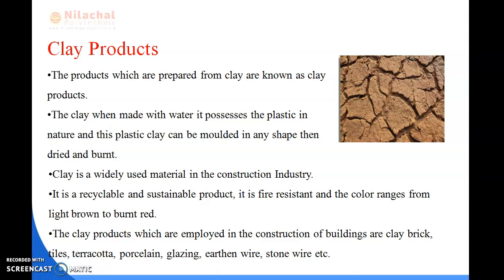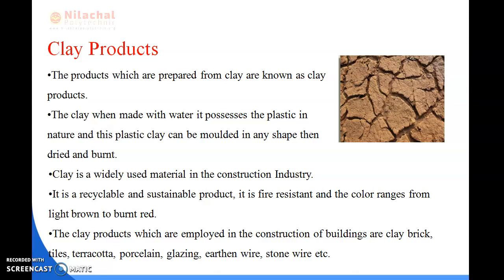So clay products are the products prepared from clay. When mixed with water, clay possesses plasticity and can be molded in any shape, dried and burnt. It is widely used in construction, recyclable, sustainable and fire resistant, with colors ranging from light brown to burnt red.